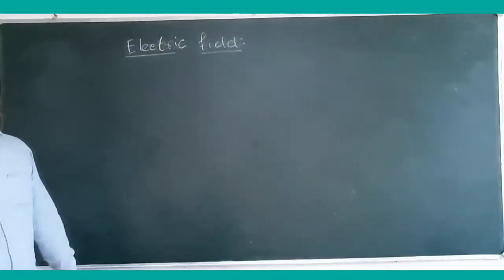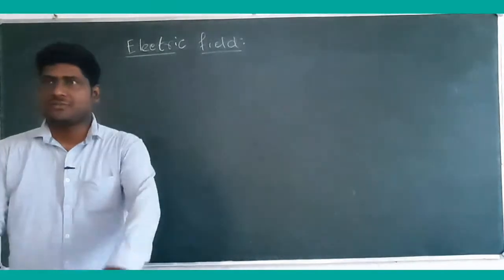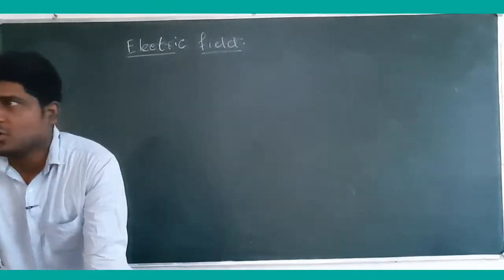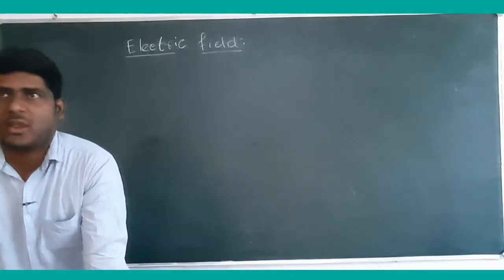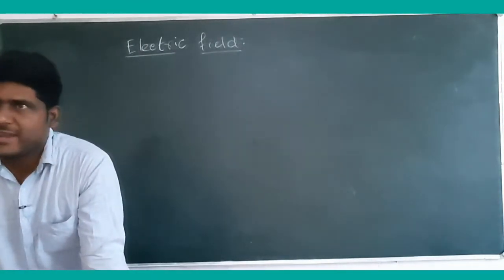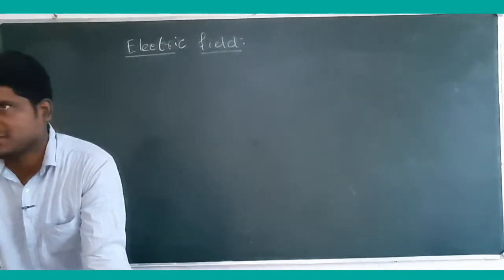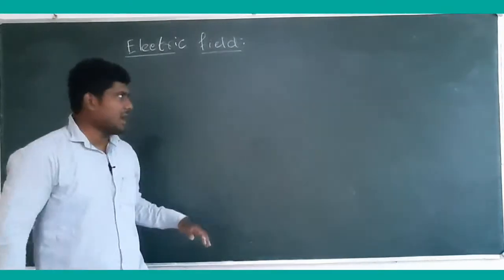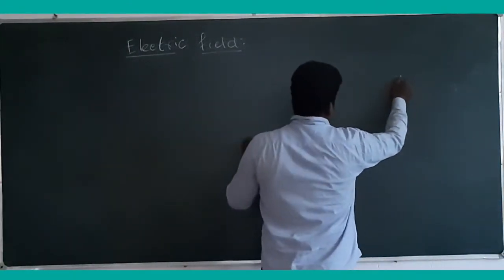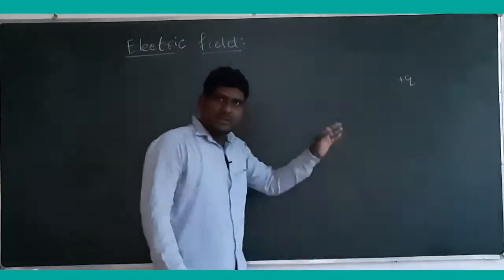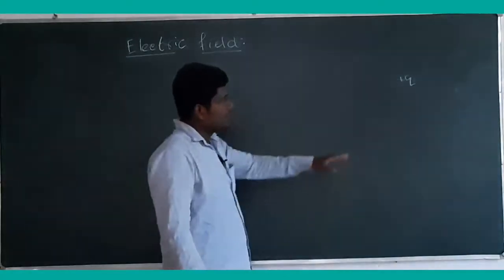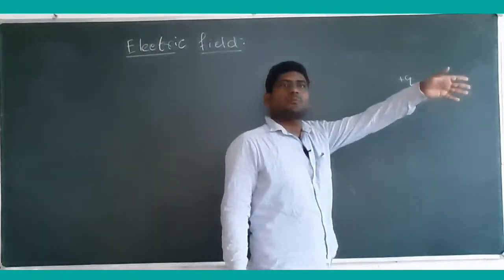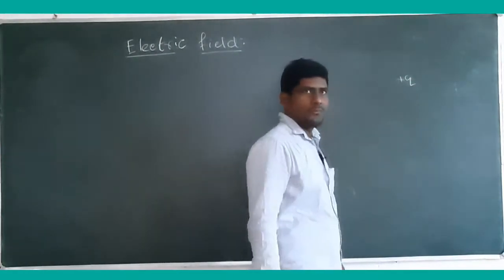So plainly, electric field is the region up to which the force of attraction or repulsion is experienced by another test charge. For example, if you consider there is a charge plus q at this portion, now this plus q will attract another test charge up to a certain limit, yes or no?